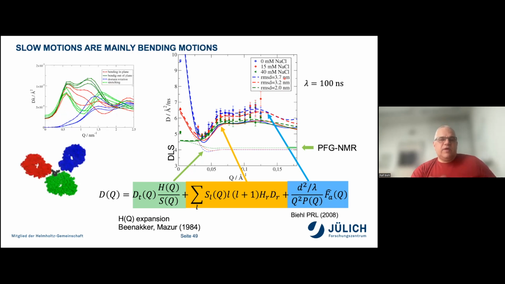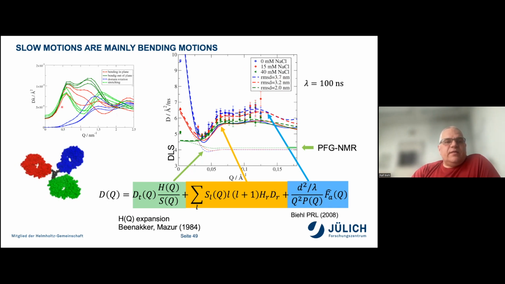To explain in a bit more detail how these motions contribute, I show here calculated patterns of how these additional motions would look in the effective diffusion. There we see that rotations of the domains, the blue lines here, don't contribute that much.